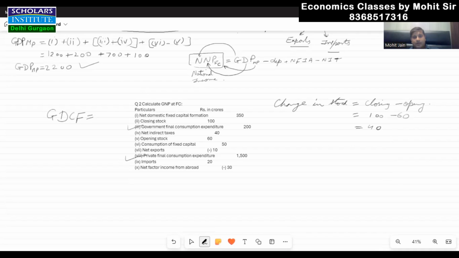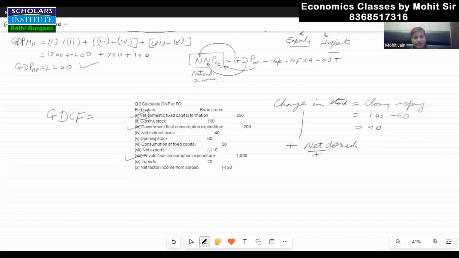Another thing for gross domestic capital formation is gross domestic fixed capital formation. You need to add this. With this, you need to add gross domestic fixed capital formation, but you have been given net domestic fixed capital formation. So because it is net, you need to add depreciation to it.